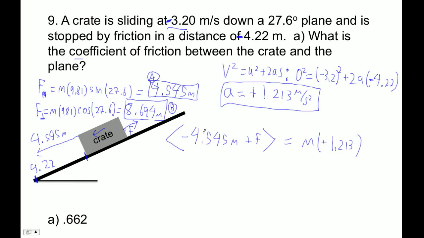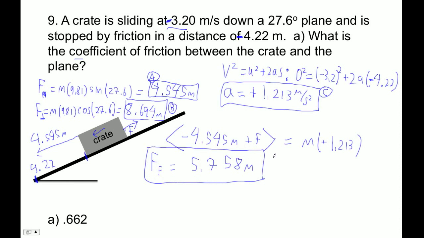I'm going to store that in D. This I stored in C. Okay, so the force of friction is 5.758 times m. And that's all we can say now and I've stored that in location D, right?